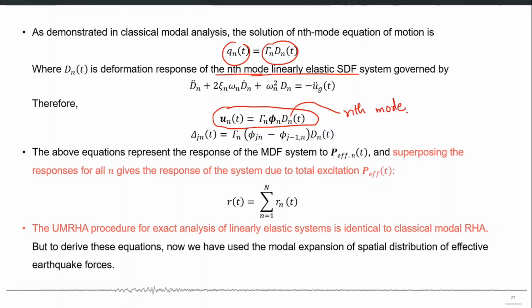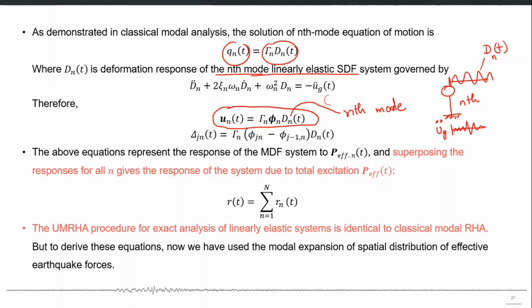So you apply that earthquake to nth mode single degree, right? This earthquake is applied, whatever is the u_g double dot, and you get the displacement response of this mass, and that displacement response is d of t, actually d_n of t, when you apply u_g double dot, right?